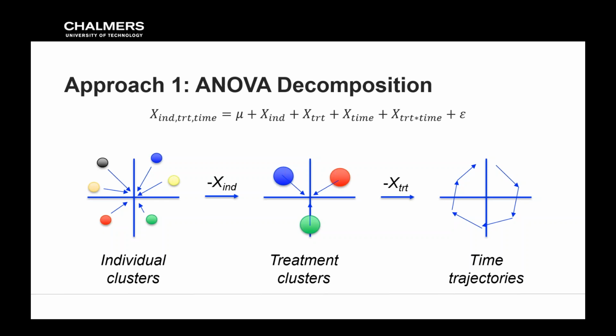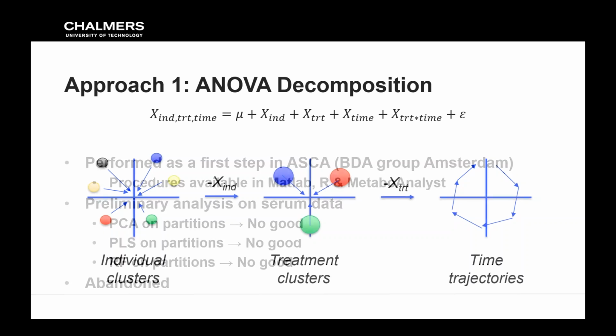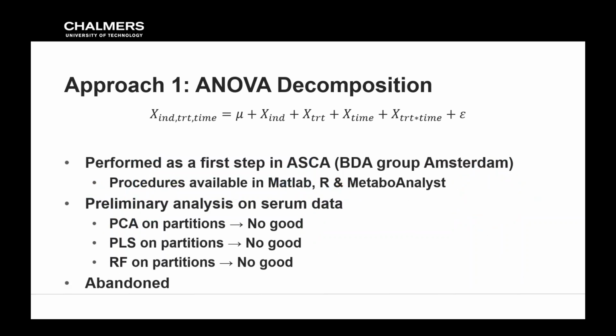We can also add the residual back into different partitions to be able to do supervised analysis as well. ASCA has been pioneered by the Biosystems Data Analysis Group in Amsterdam, and there are procedures available both in MATLAB and in R, and as well in MetaboAnalyst.